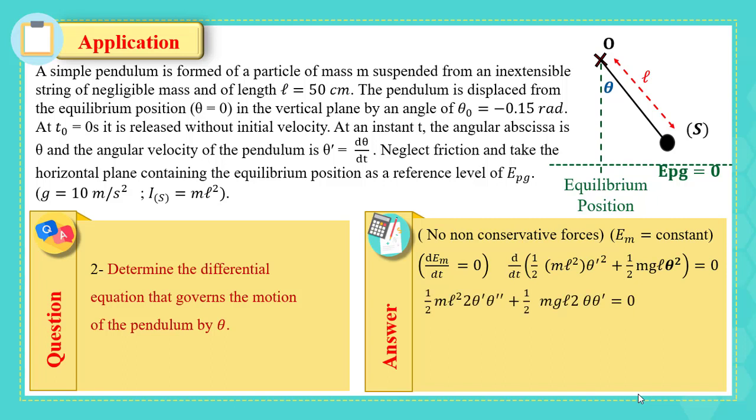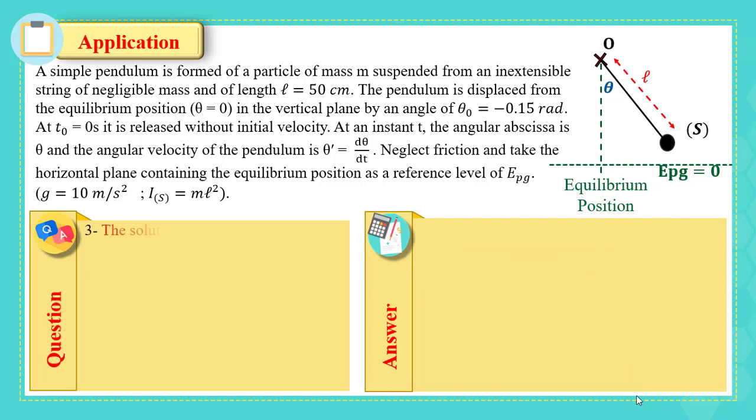Dividing by ml squared and half, we can write L theta prime theta double prime plus g theta theta prime equals 0. With theta prime not 0, we get finally the second order differential equation.